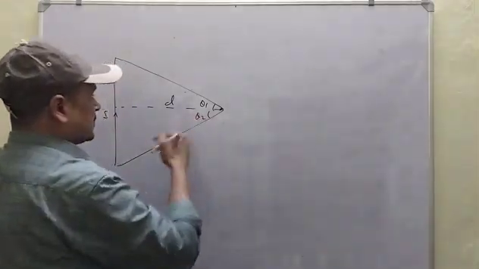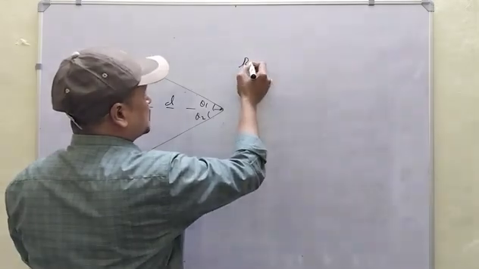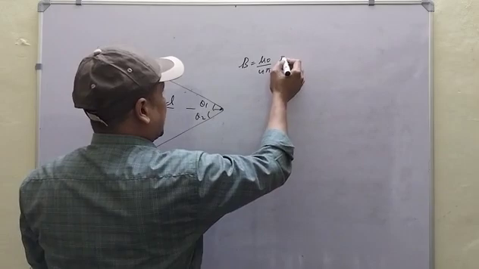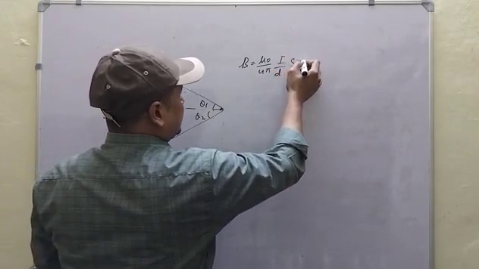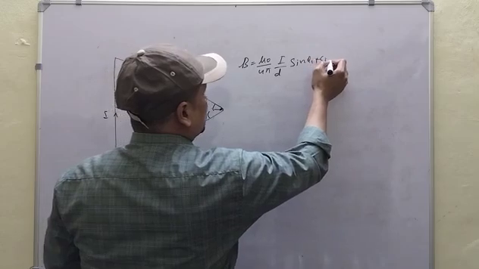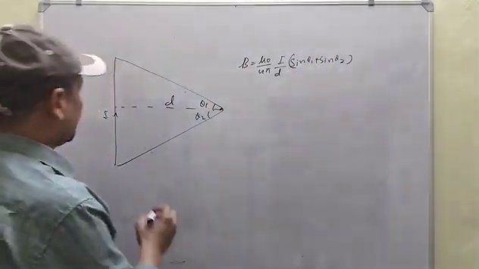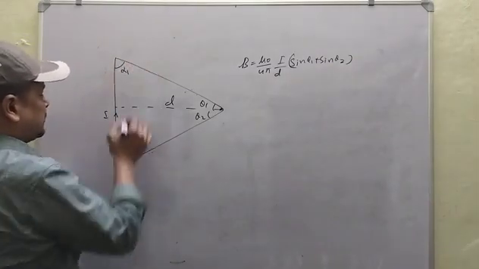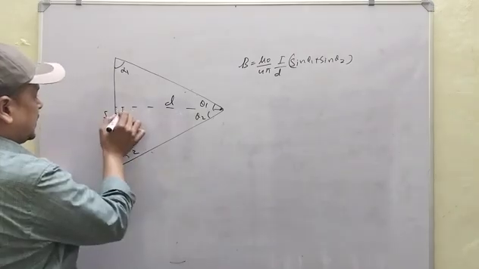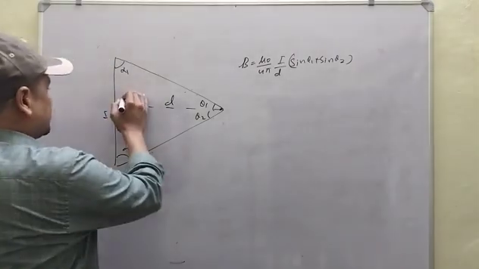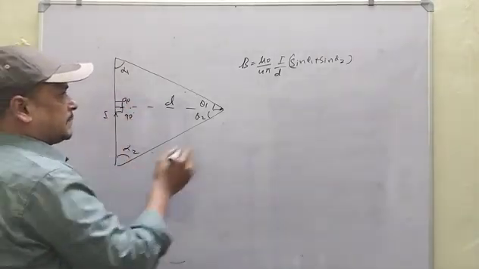So B equals mu naught by 4 pi I by d, sin theta 1 plus sin theta 2. In another form, suppose this is alpha 1, this is alpha 2, and both are 90 degrees.